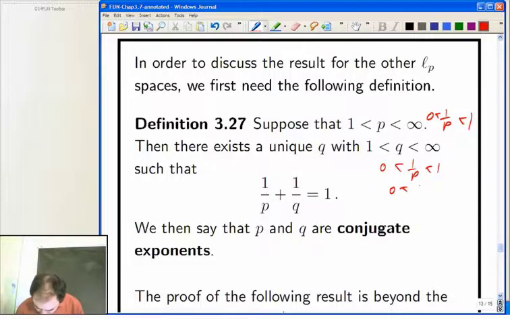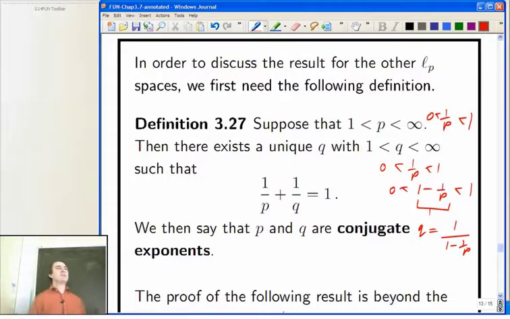So 0 is less than 1 minus 1 over p is less than 1 as well, because you just subtract from 1 and it's still true. And this is 1 over q. So q is equal to 1 over that. You can actually simplify that, but I won't bother.